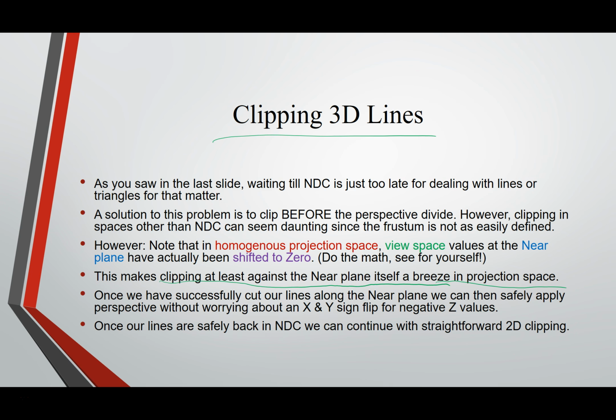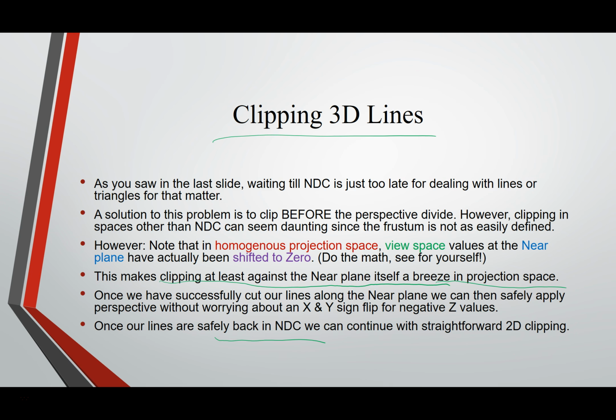Then if we are able to do that, and then we do the perspective divide, well, guess what? Now we don't have to worry about having these XY values flip sign on us, because we no longer have Z values that are negative. So this is really powerful, because we don't have to worry about that anymore.